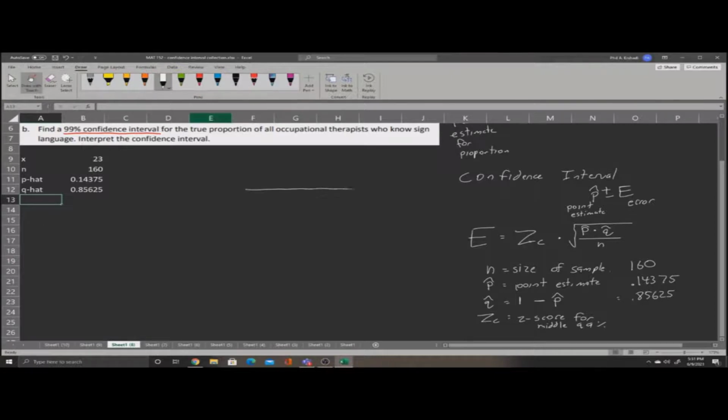So let's draw a picture that represents that. If we want the 99% confidence interval, we are interested in the middle 99%. The Z critical is the Z score represented by this line on the right. That's the number we need to calculate error.